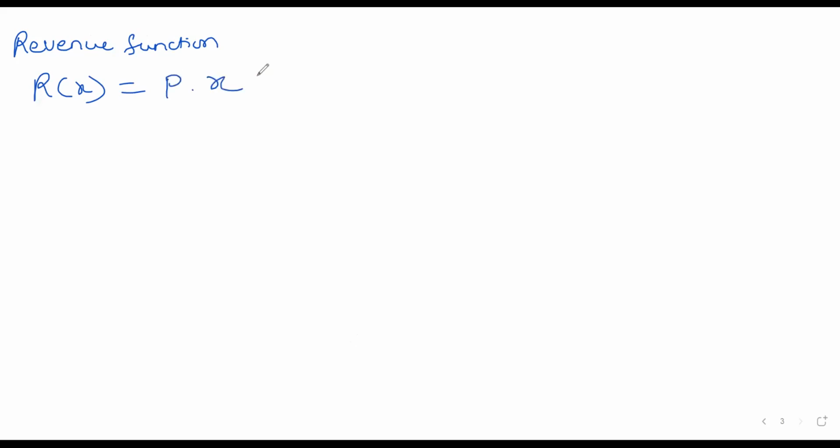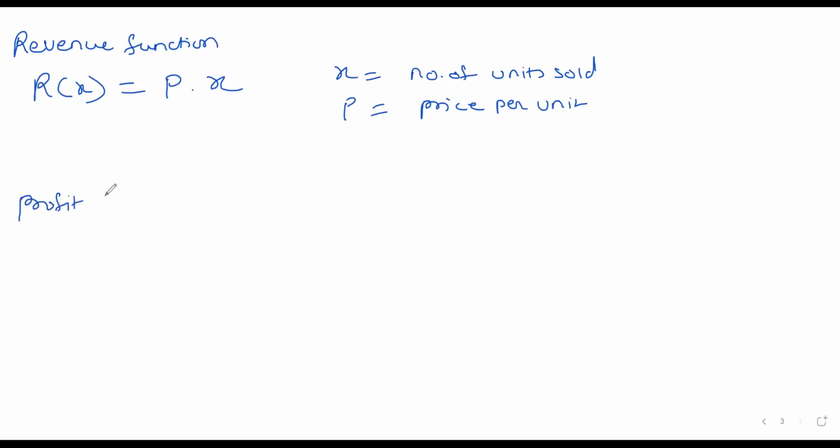Price times total units sold. Here x is the number of units sold and P is the price per unit. This is your revenue function. Profit function. Profit is revenue minus cost.